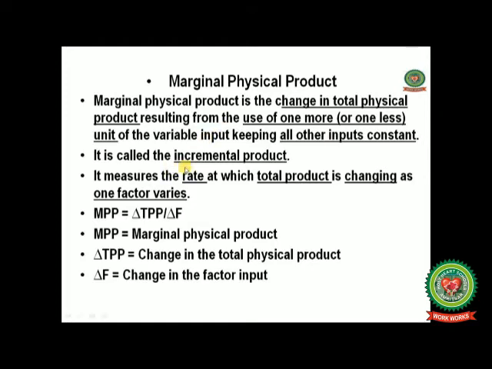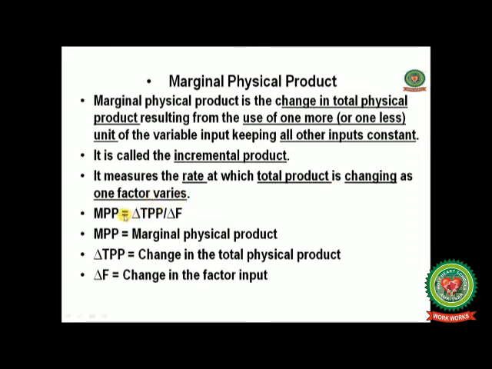So this is called the incremental product. Here we have calculated 50 more units of the sauce packets, and this measures the rate at which the total product is changing as one factor varies. Here one factor varies, that is labor.